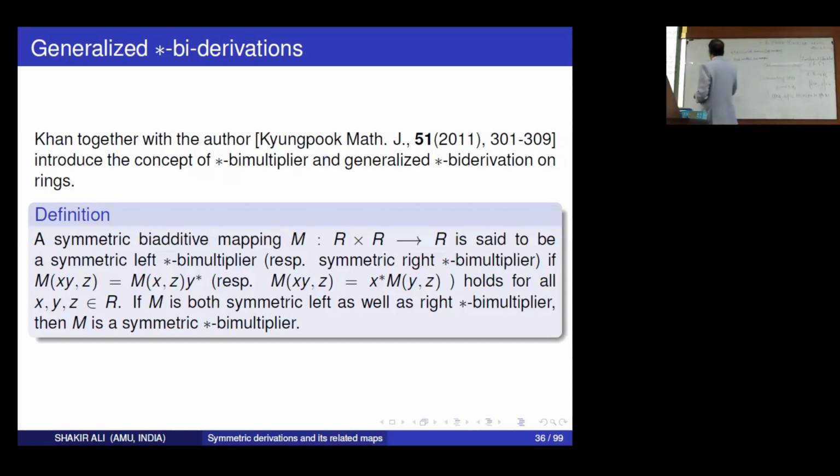Okay, now if you have a map from R cross R to R with the condition that it satisfies B(xy, z) = xB(y, z), this gives me the name left bimultiplier.